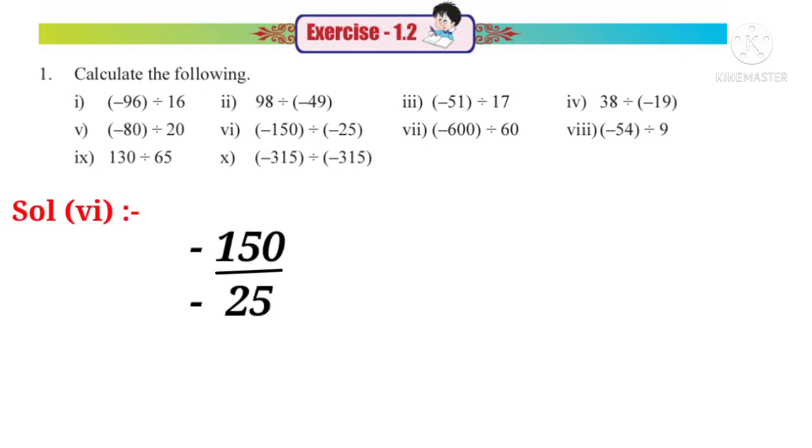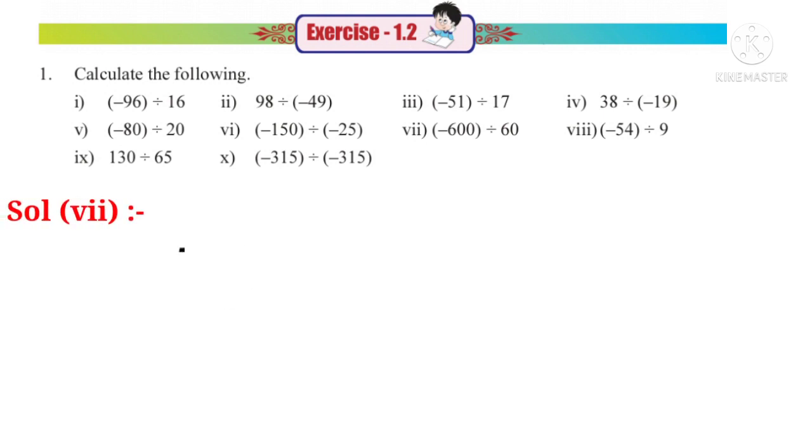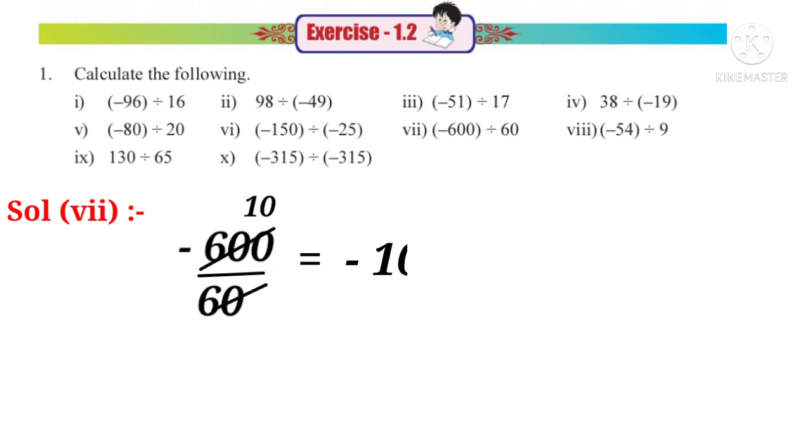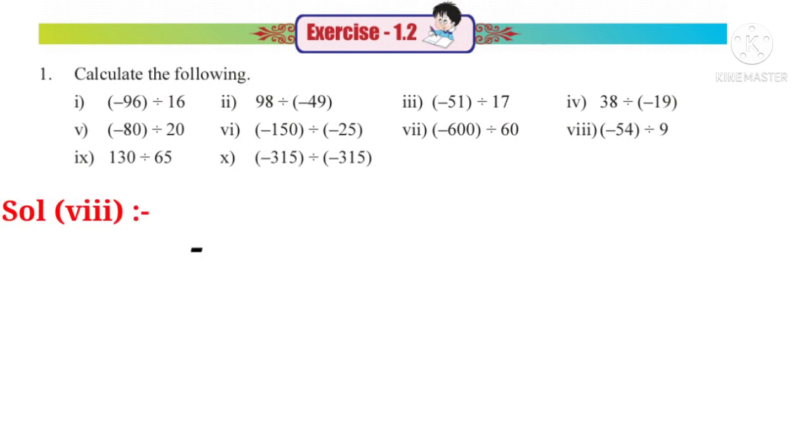Minus divided by minus is plus. On simplification, 25 6 times, that is equal to 6. Solution 7. Minus 600 divided by 60. Minus divided by plus is minus. On simplification, 60 10 times, that is equal to minus 10. Solution 8. Minus 54 divided by 9. Minus divided by plus is minus.